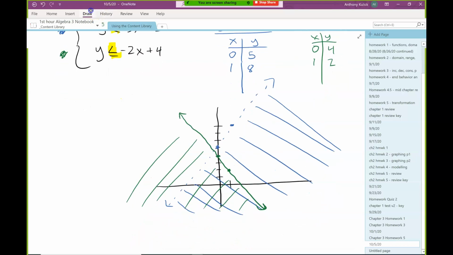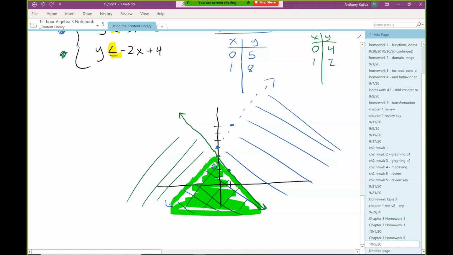So my solution then is the place that's in common between both inequalities. So it's like this little region right in here. If on your paper you only want to shade the overlap, that's fine.